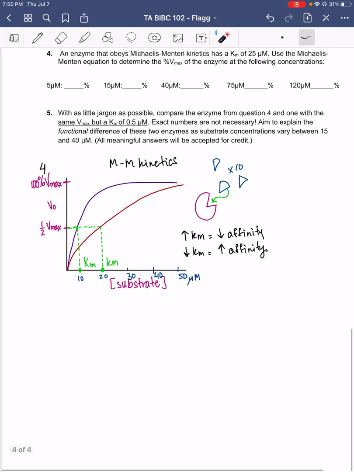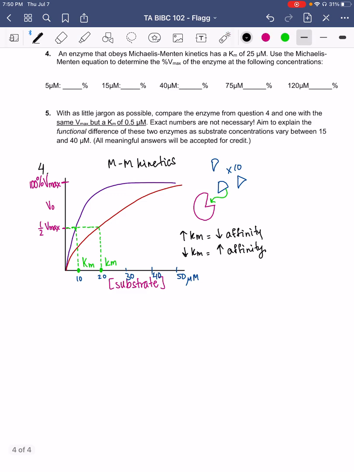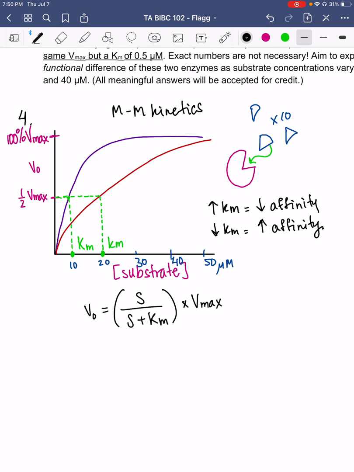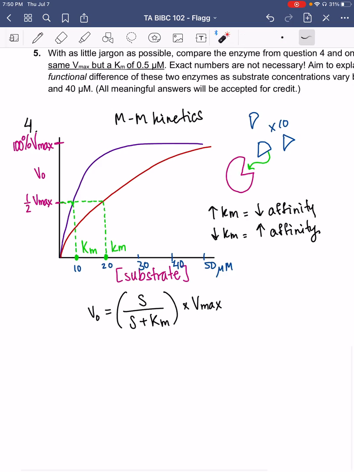Another thing you want to remember for question 4 specifically is the Michaelis-Menten equation, and you don't have to remember it, you just have to know it. The equation goes like this: V naught equals big parentheses, substrate concentration over substrate concentration plus Km, times Vmax.